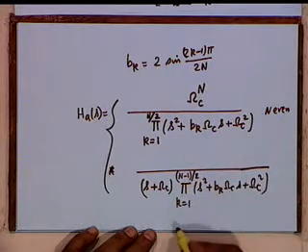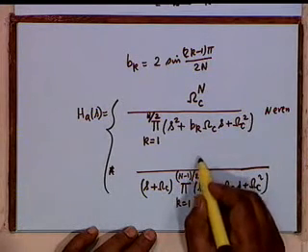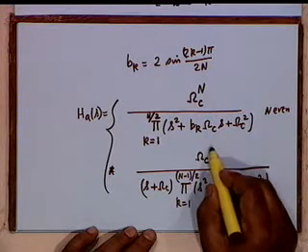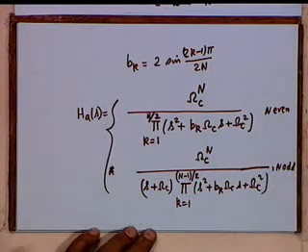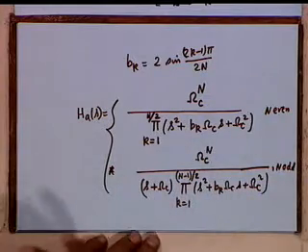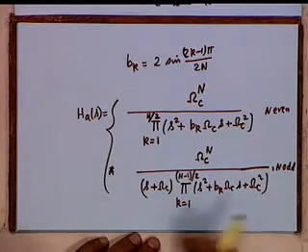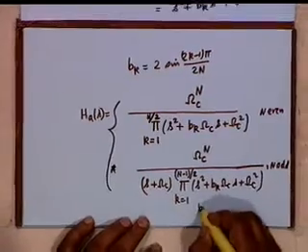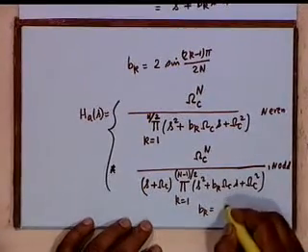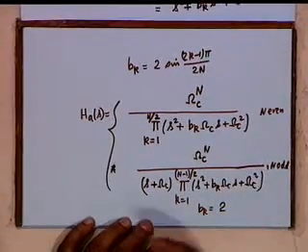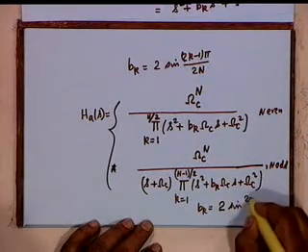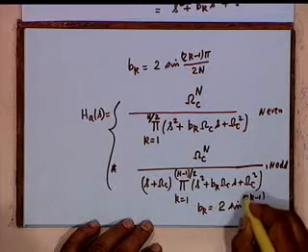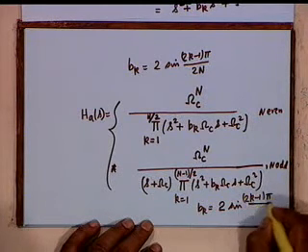The numerator shall still be omega c to the power n. This is n odd. You see how simple the design of a Butterworth filter is. Once you know omega c, well, you must not lose sight of bk. bk is twice, do not forget this factor, twice sine of 2k minus 1 pi divided by 2n.